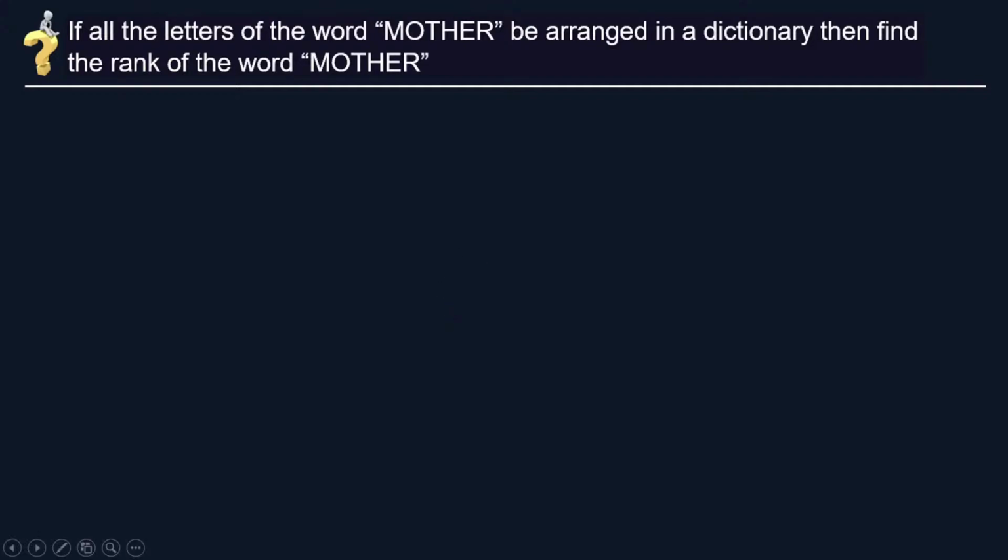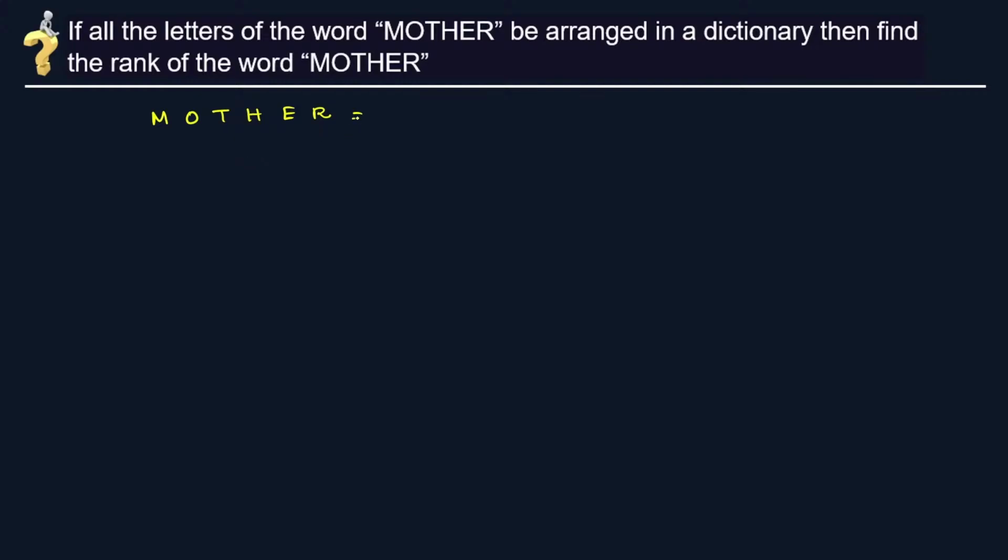See this question. They have said if all the letters of the word MOTHER are arranged in a dictionary, then find the rank of the word MOTHER. So first you tell me how many such words you will get by taking all the alphabets of MOTHER and arranging them.